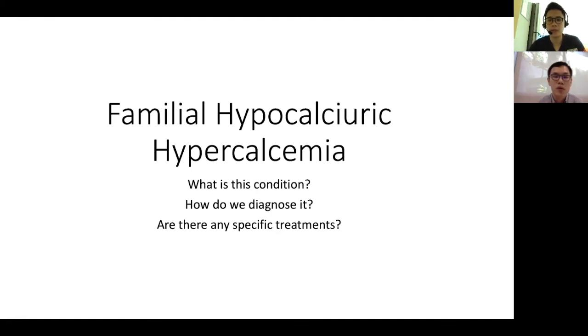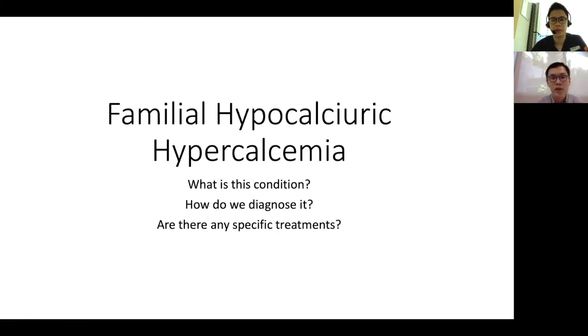Like I mentioned earlier, it is a relatively rare condition compared to primary hyperparathyroidism. Unfortunately, due to the need to know it for exams and all that, it always turns up when we look at patients with PTH-dependent hypercalcemia. It is essentially a genetic defect in the calcium sensing receptor. The calcium sensing receptor sits on the parathyroid gland and senses the circulating calcium.